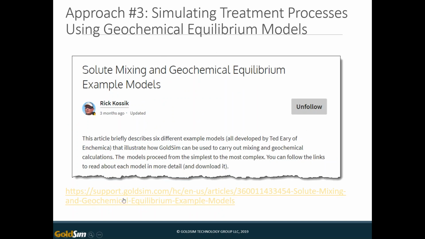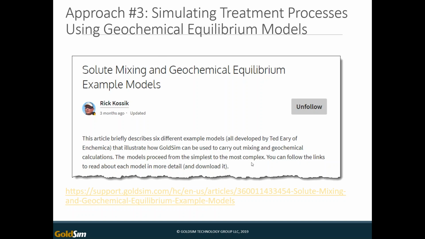If you go online, you'll see this series of model library models that were actually developed by Ted Erie. And in fact, I think I saw that Ted might actually be online here. He might be. I thought I saw his name pop up.